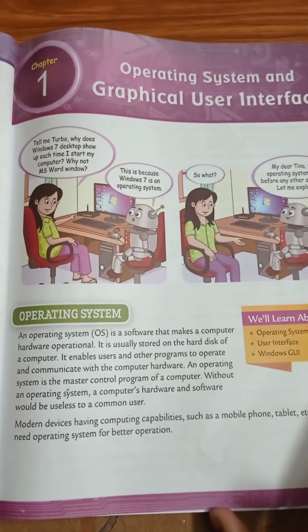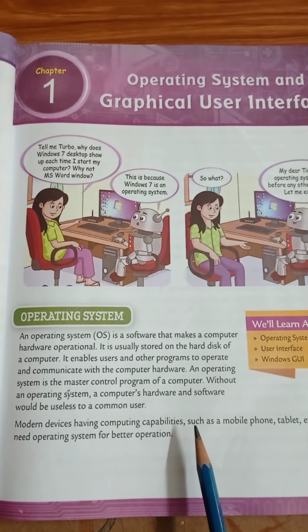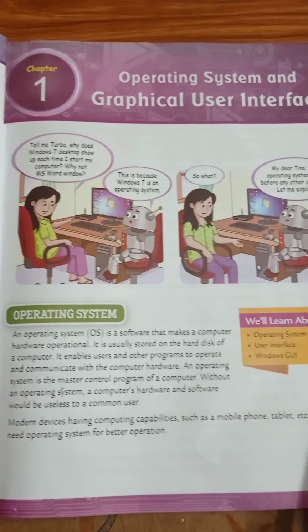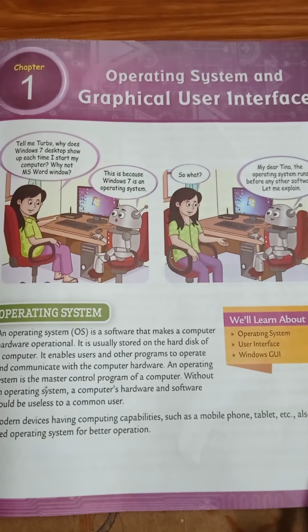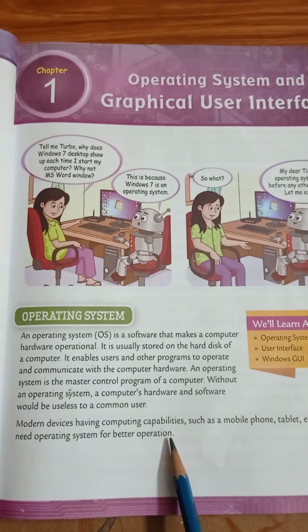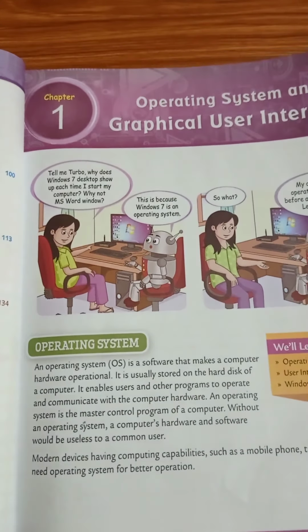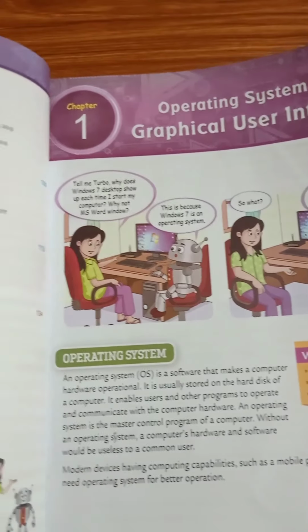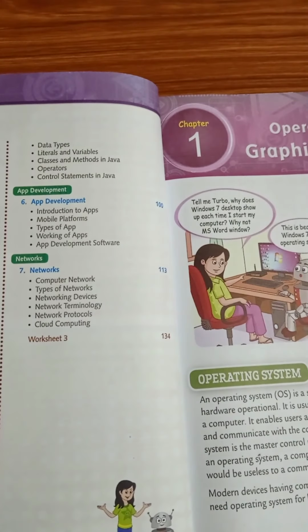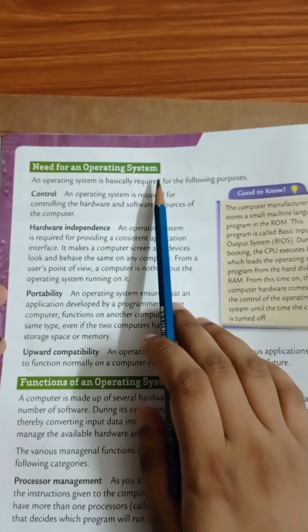Next, modern devices having computing capability such as mobile phone, tablet, etc. also need operating system for better operation. For our mobiles, we also have operating system, for example, like Android.